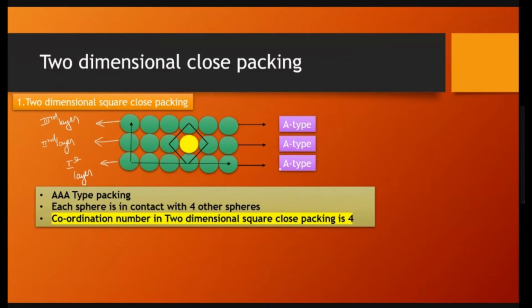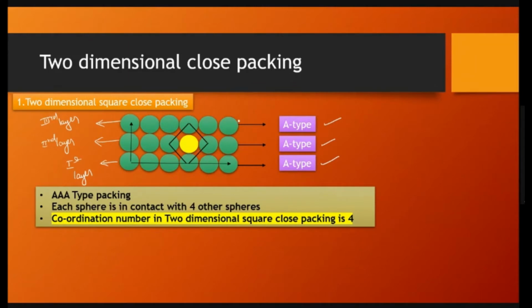Now I call this first layer an A type of layer. Shall I name the second layer a different type of layer? No, right? It is also the same kind of layer. So I'm naming the second layer also as A type of layer. Similarly, the third layer is also an identical layer, so I'll call this third layer also an A type of layer.